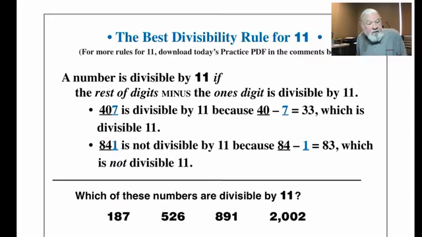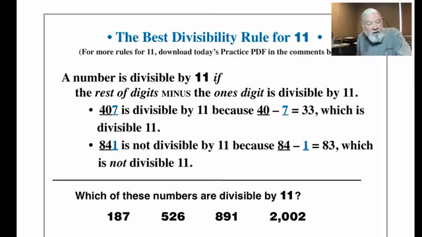So sometimes looking at certain numbers, you can just look at it and go, oh, that's divisible by 11. And well, let's take a look at the four choices down below there. The 187, that's going to be 18 minus 7, which is 11, which is divisible by 11. So at 187, 11 is a factor. How about 526? Well, it's going to be 52 minus the ones digit, so it's going to be 52 minus 6, which is 46, which is not divisible by 11, so 526 is not either.